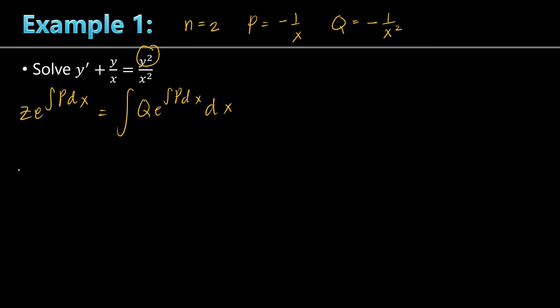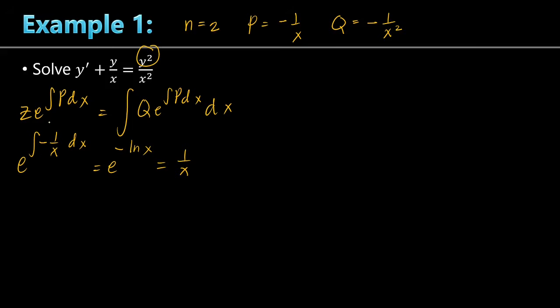First let us solve for the integrating factor, e to the integral of negative 1 over x dx. If we integrate this, we will get e raised to negative of ln x, which is the same as 1 over x, right?